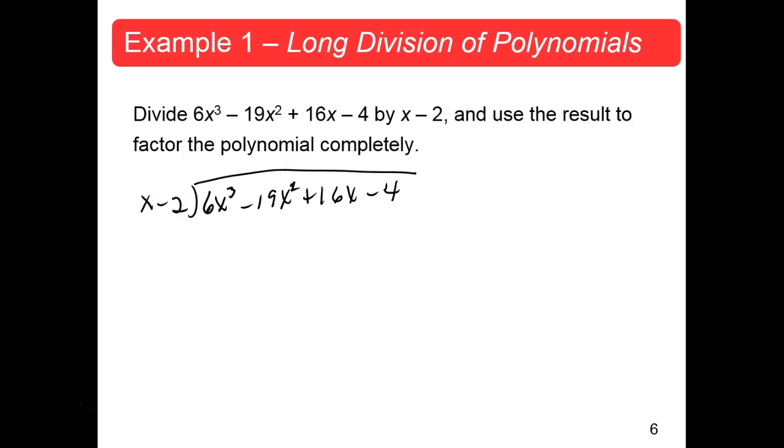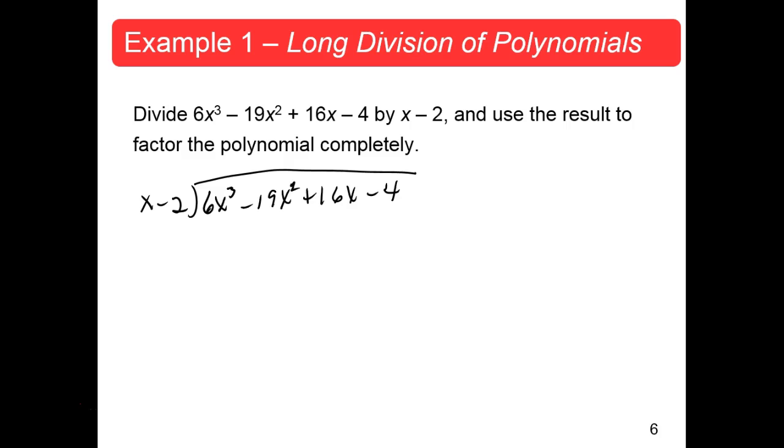Warning: be sure that both the divisor and the dividend are in descending order of power. What's more, make sure that every term is accounted for.